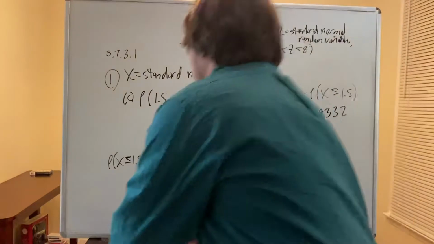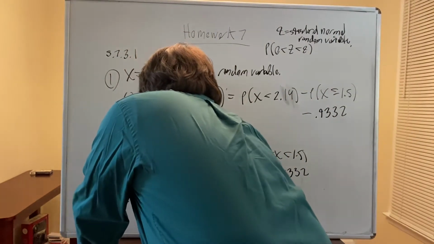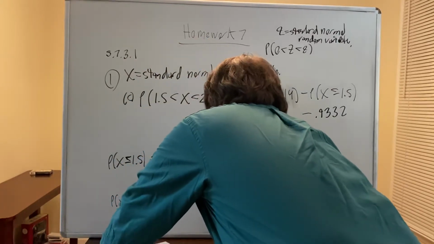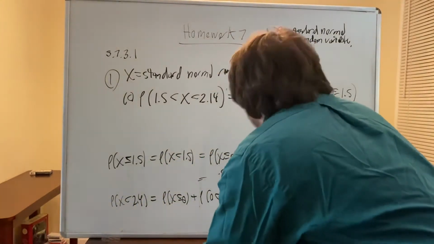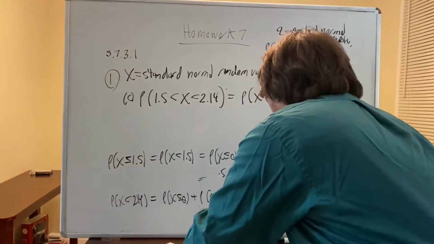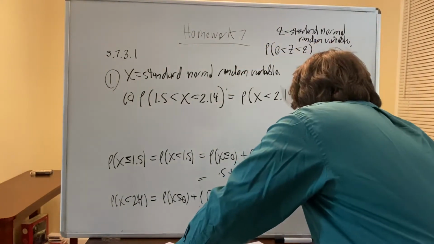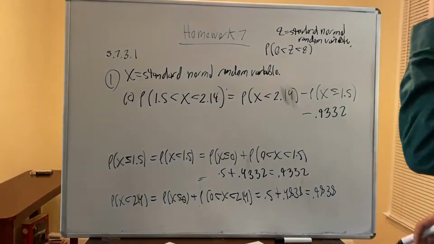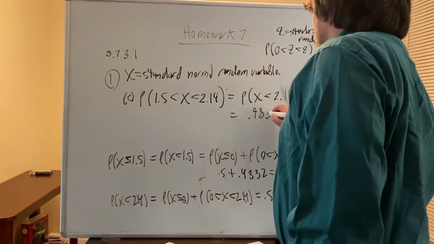And the probability that x is less than 2.14 is equal to the probability that x is less than or equal to 0 plus the probability that 0 is less than x less than 2.14, which is 0.5 plus 0.4838. It's 0.9838. And so the probability that x is less than 2.14 is 0.9838.